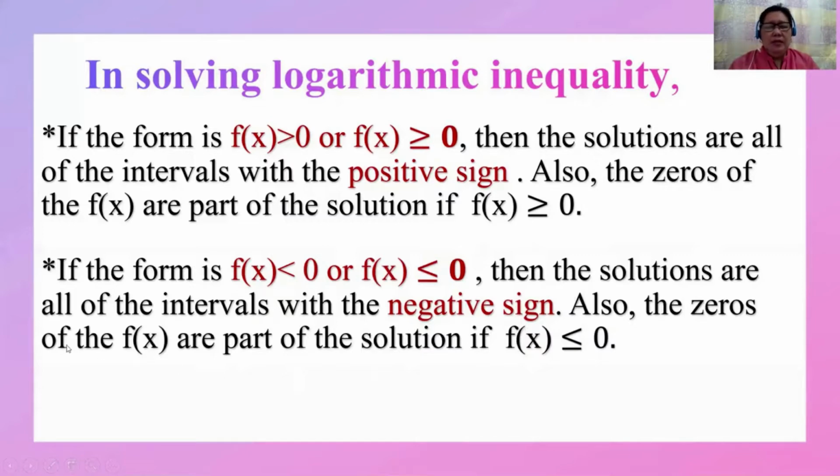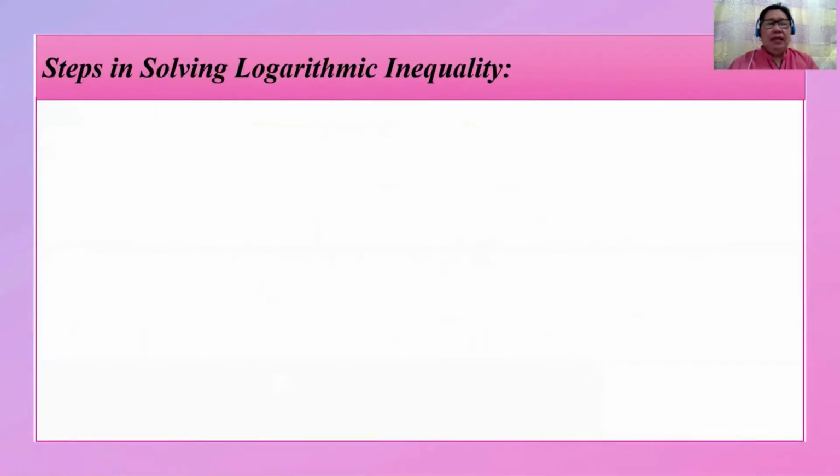Also, the zeros of the f of x are part of the solution if f of x is less than or equal to 0. Let us have the steps in solving logarithmic inequality.